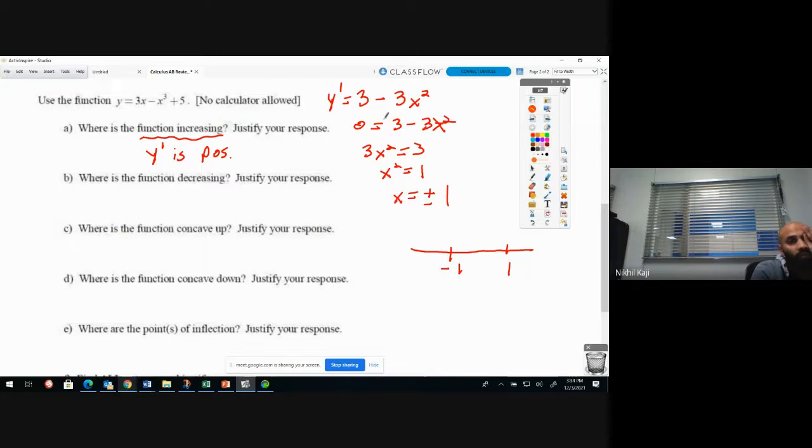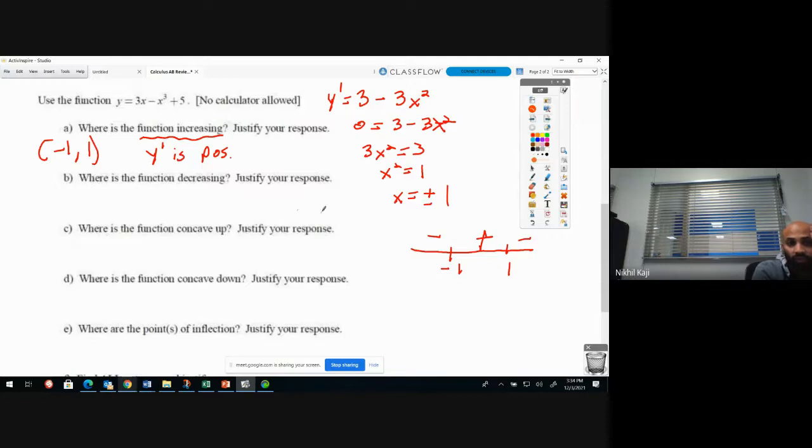What would that be? 3 minus 12 is a negative number. 0: 3 minus 0 is positive. 5, let's say 2, and again, that's negative. When is it increasing? From -1 to 1. Justify it? I just did. The sign chart's not your justification. You have to put it in words.